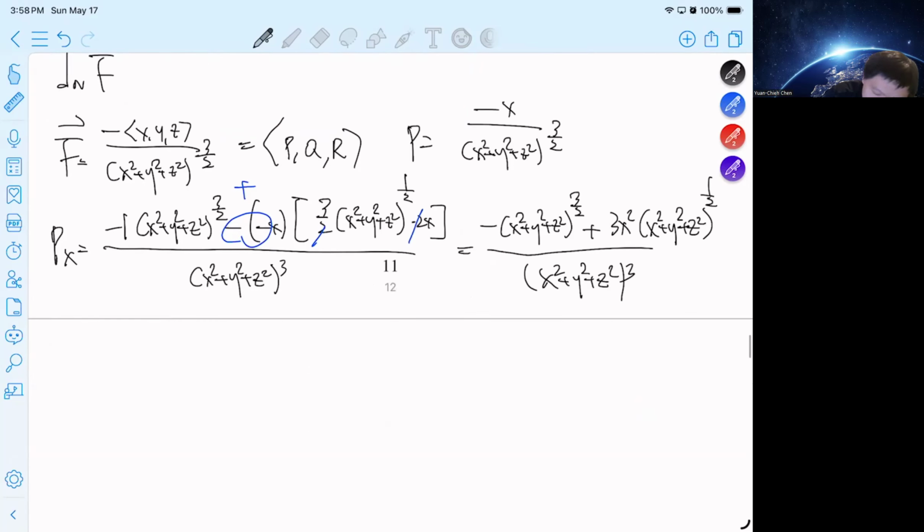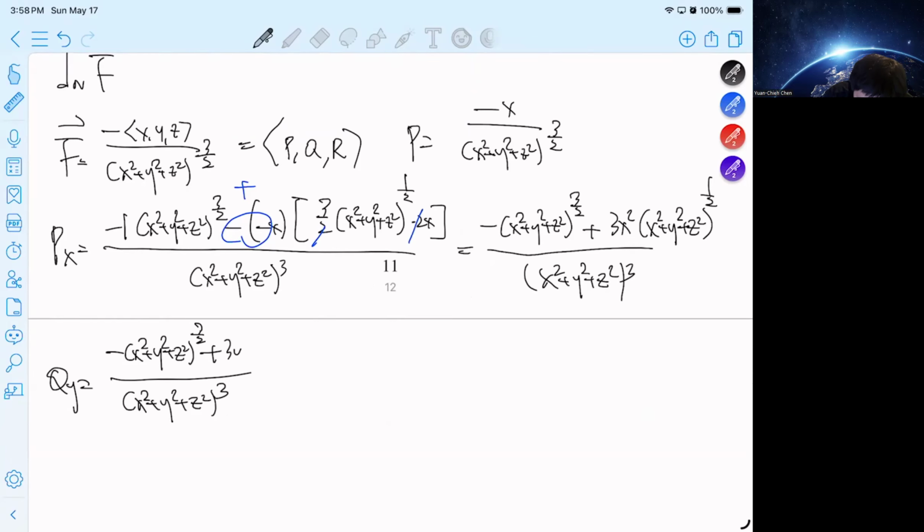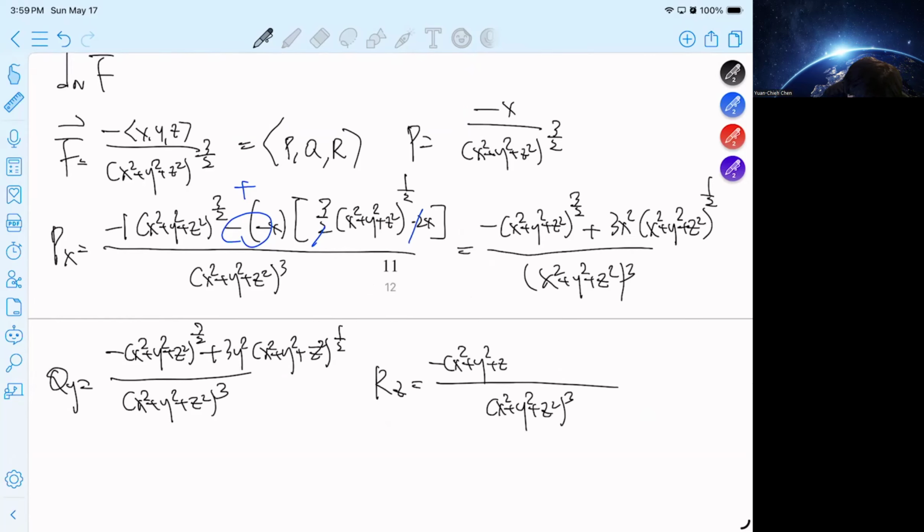So Qy will be the denominator to the power 3, with numerator negative (x squared plus y squared plus z squared) to the 3 over 2 plus 3y squared times (x squared plus y squared plus z squared) to the 1/2. And Rz will be the same thing. It's basically just the quotient rule, ugly but doable.